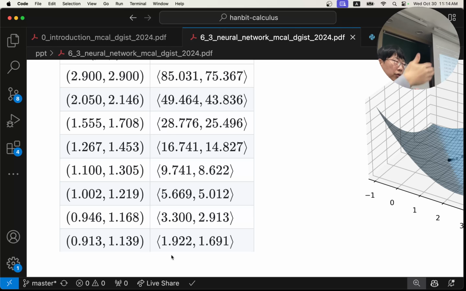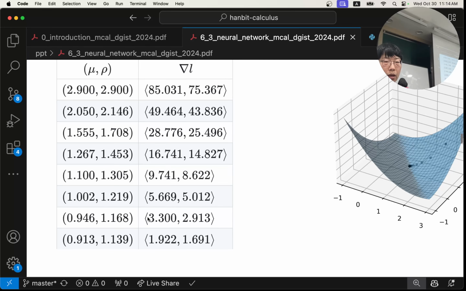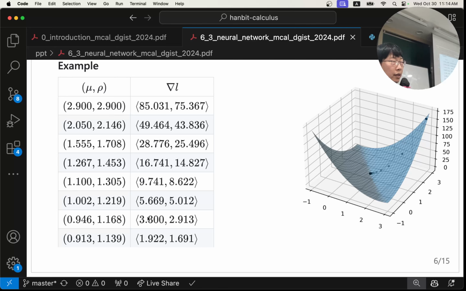So you have to stop at a certain point. You need to put in some stop condition for when to stop. Once you stop, that point is your minimal point where the sum of squares of errors becomes smallest. So that's called gradient descent.